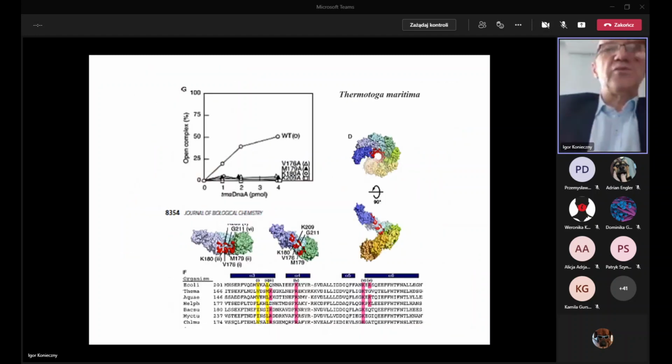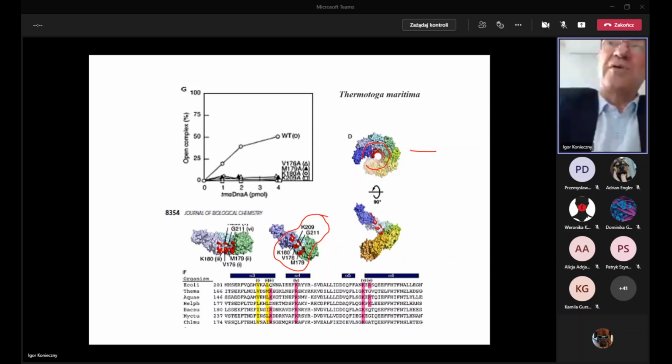And the Japanese group worked on the Thermotoga maritima DnaA protein, and also found that specific mutated versions of the protein within the AAA+ domain affected the interaction of the protein with DNA, and those mutations in their model were facing the channel formed by the filament.